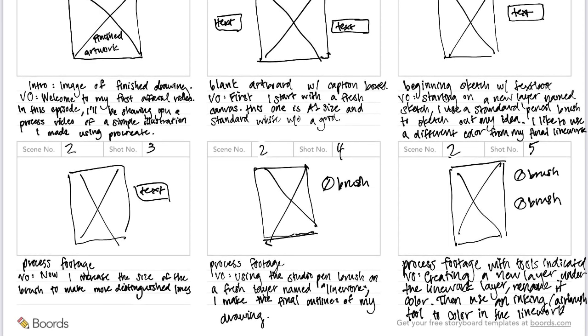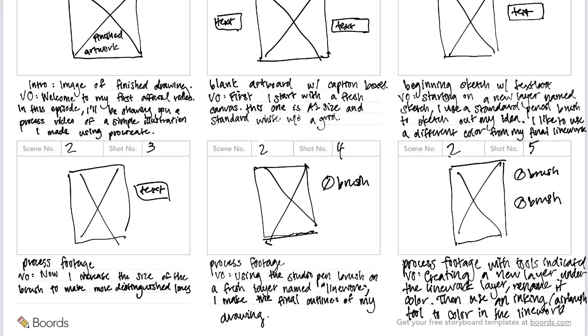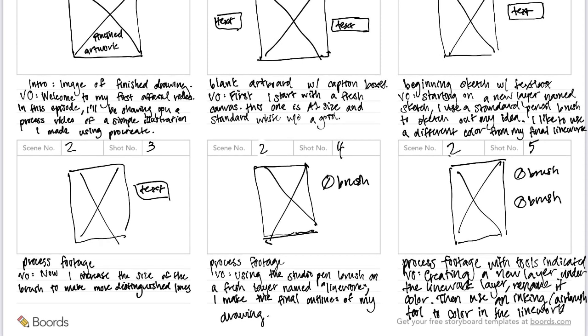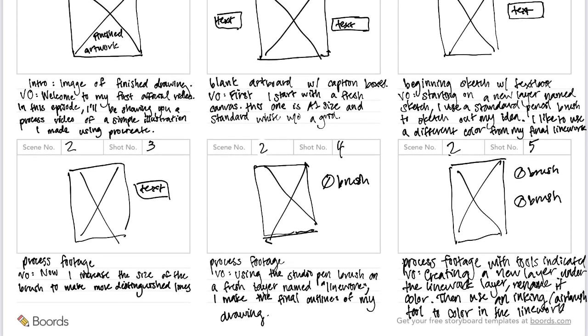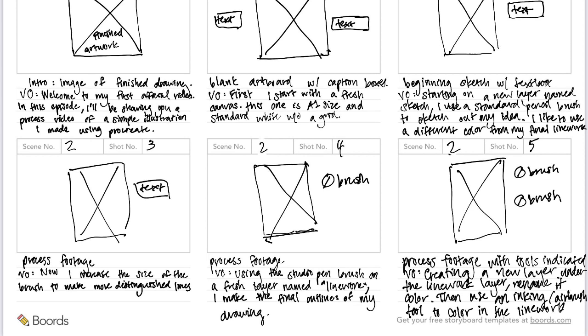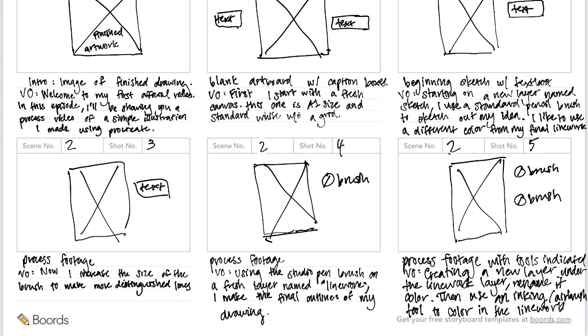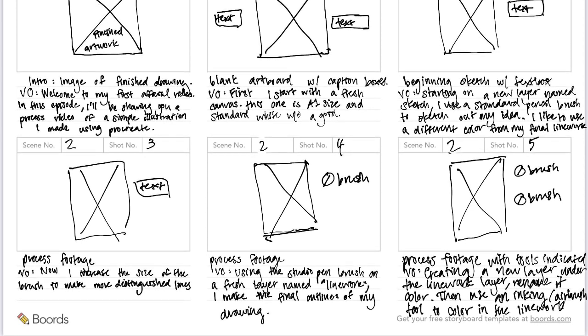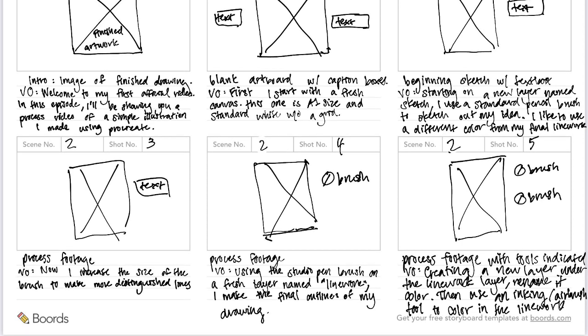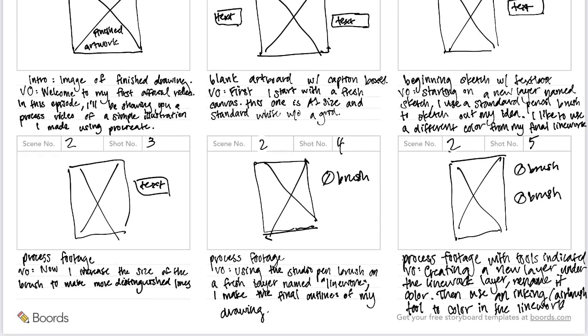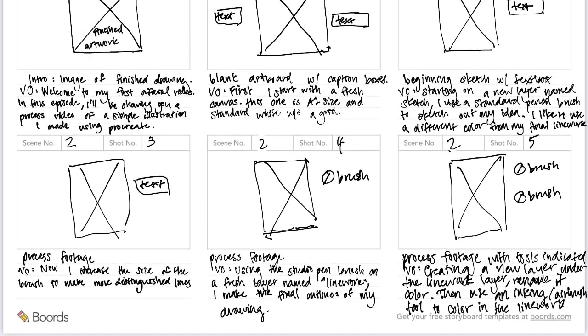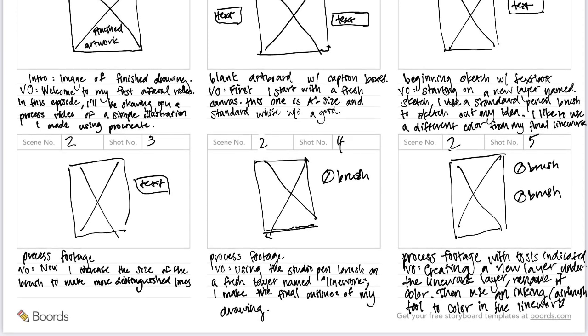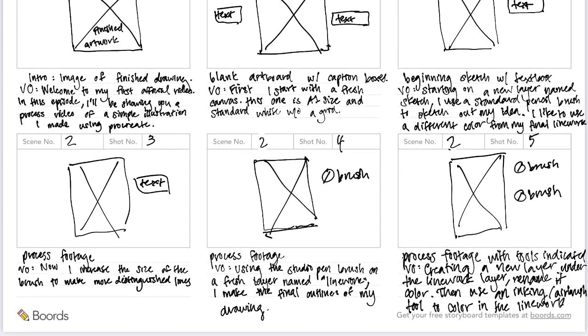More process footage in scene 2, shot 4, and scene 2, shot 5, where I am first using a studio pen brush on a fresh layer to create solid line work, and making that final outline for the drawing.